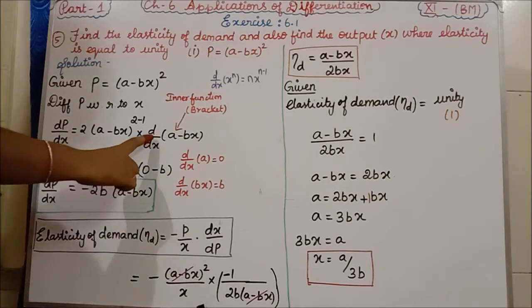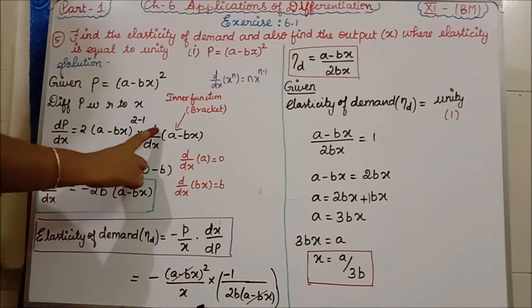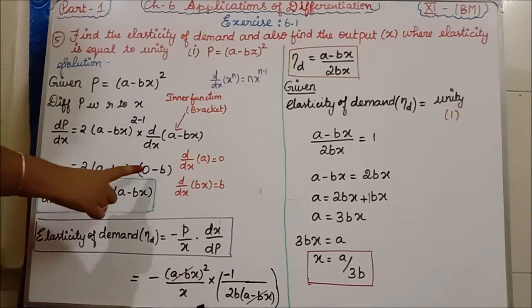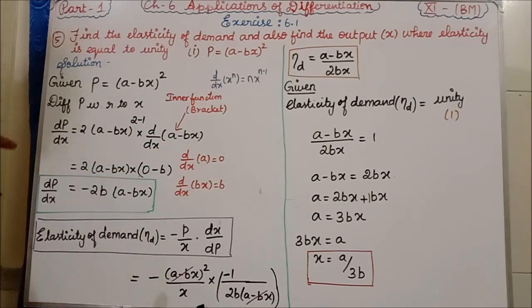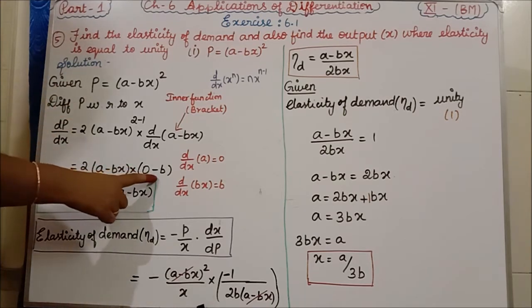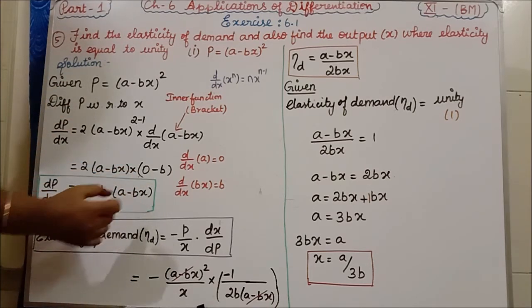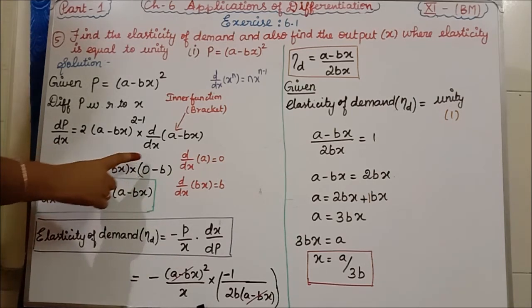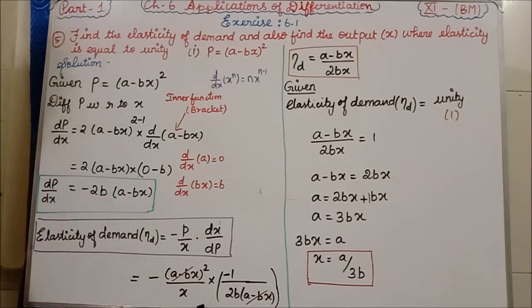I have written d by dx of A is 0, d by dx of Bx is B. So 0 minus b is minus b. Everything is in multiplication, so I am multiplying 2 into minus b into (A minus Bx). That is the differentiation of P with respect to x.